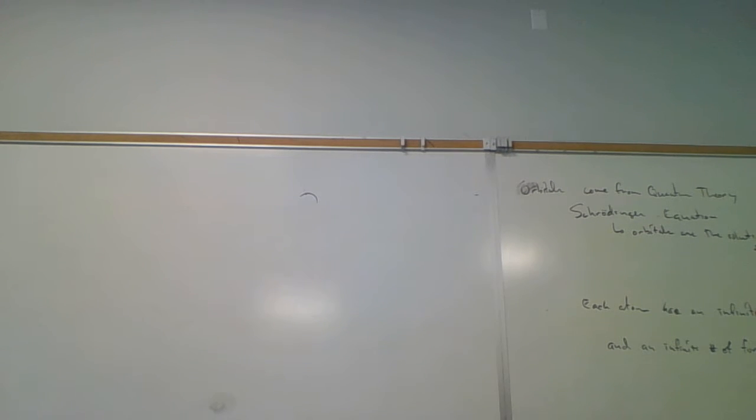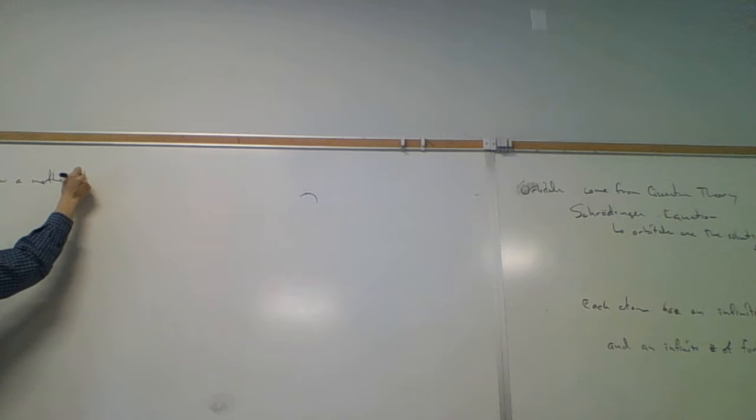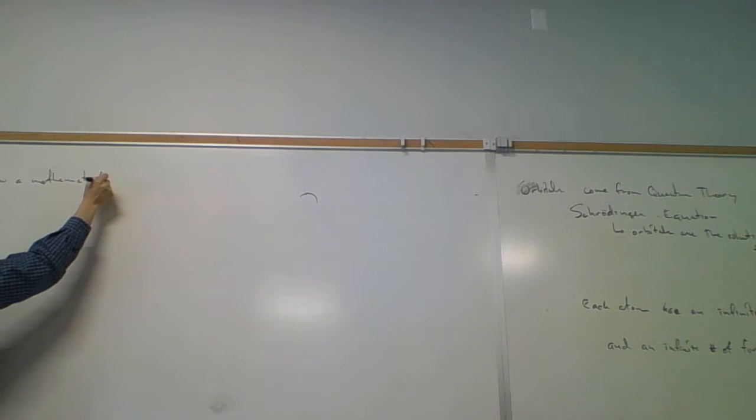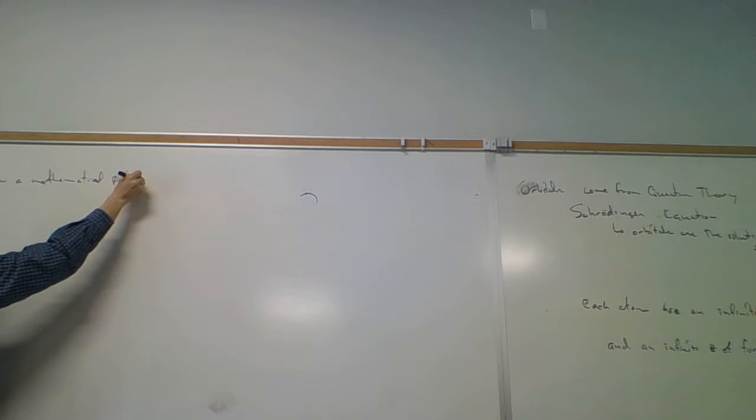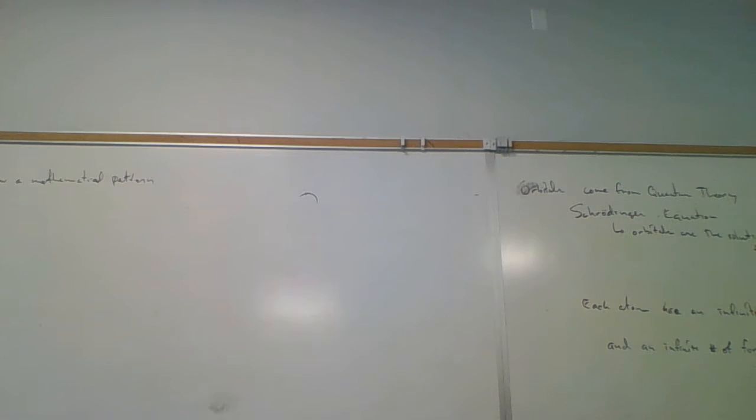The allowed energies and the positions of the electrons follow a mathematical pattern. So let's take a look at the typical pattern for a typical atom. It's a number pattern, and let me just show you the number pattern first.